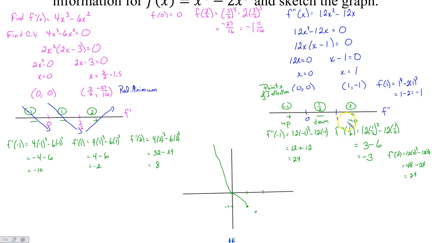And then it changes again, becoming concave up through this point, and then it opens all the way back up here. So you get a little bit of an idea. Sorry, my graph is not perfect, but I think you get the idea that it twists through here. And so that's what my graph is going to look like. So hopefully that gives you a good idea how to work that problem, and we will be moving on to the next problem in just a second.